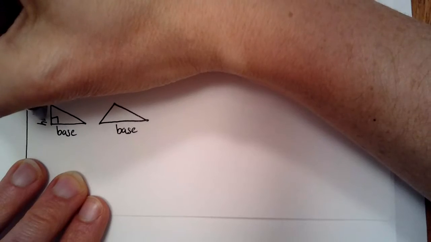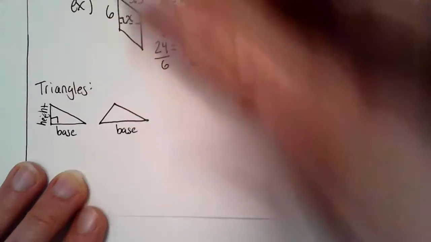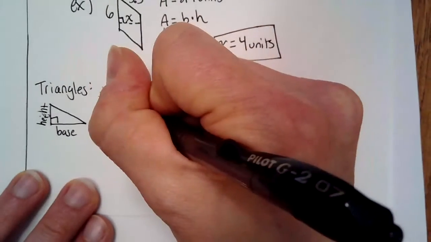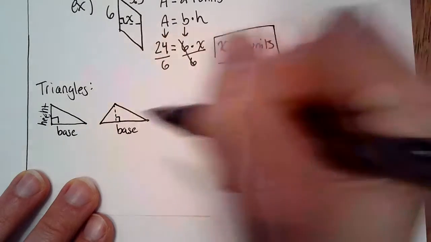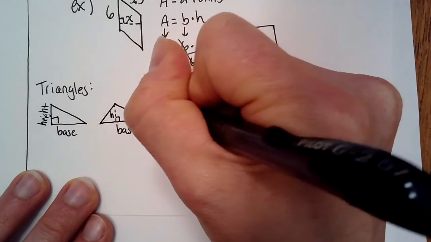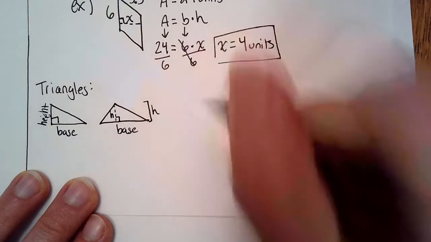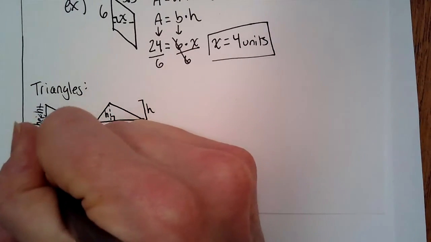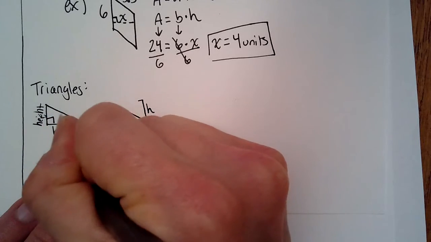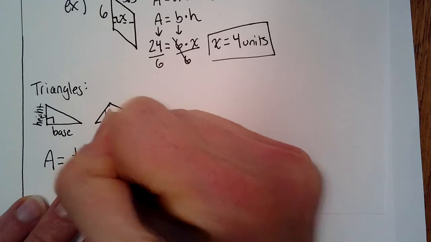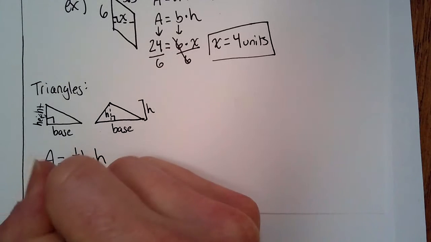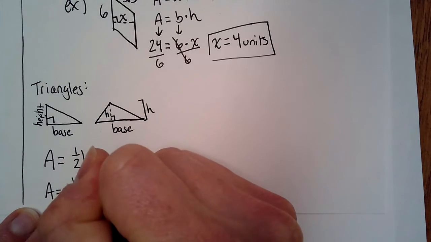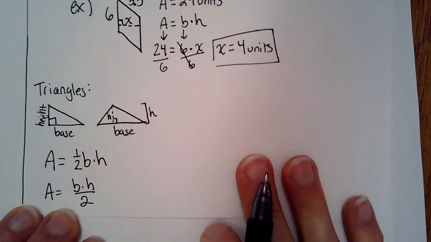So this is the height in a right triangle. And in a triangle like this, the height is there. I'm going to put a little h. And sometimes you might even see it written off to the side, height. So the area formula is 1/2 base times height, or you might see it written as base times height divided by 2, and those are exactly the same.